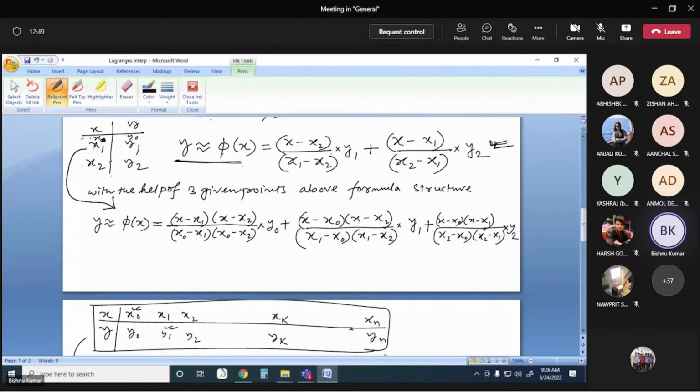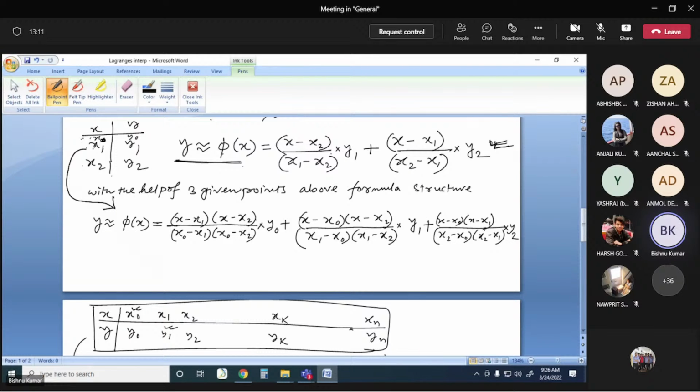In the first term, what I am doing here, in the numerator, except the first value, all the remaining x values I am subtracting from x, and those linear factors I have multiplied. The first value is x0, so except x0, how many points? x1 and x2 are there. So (x minus x1) and (x minus x2), those two factors are multiplied in the numerator.